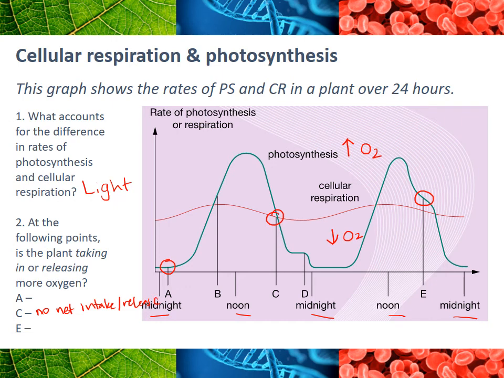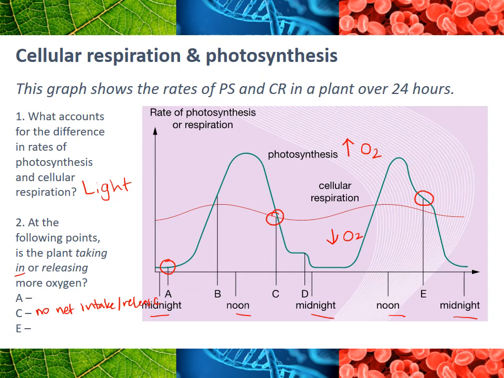Let's look at point A. So point A, just after midnight, no photosynthesis is occurring, but respiration is occurring. Okay, now we need oxygen for respiration, and it's not being made by photosynthesis. So where is that oxygen coming from? It's having to be taken in.